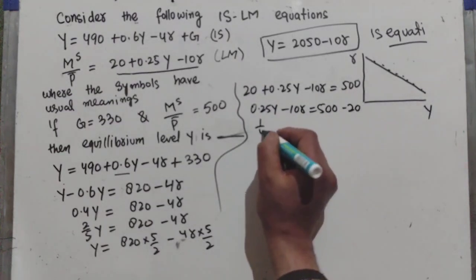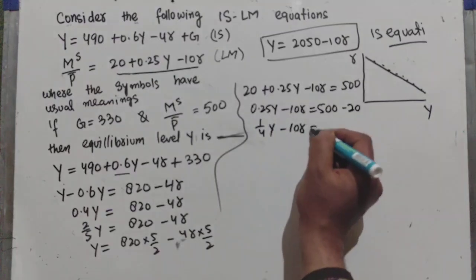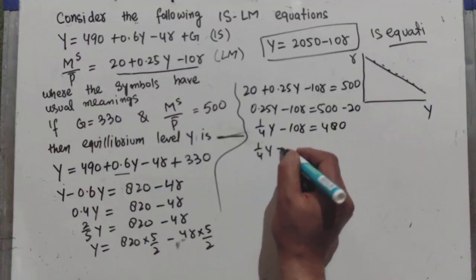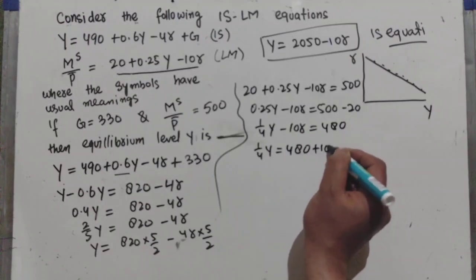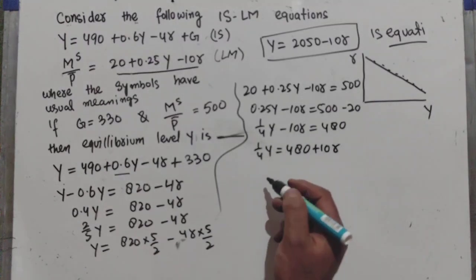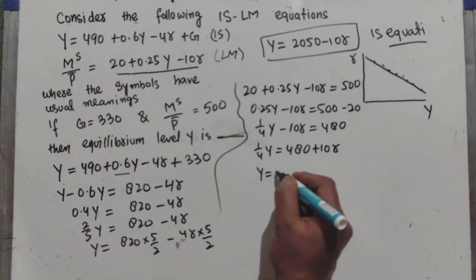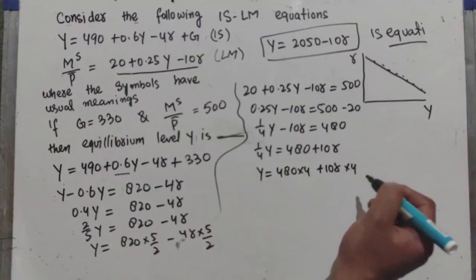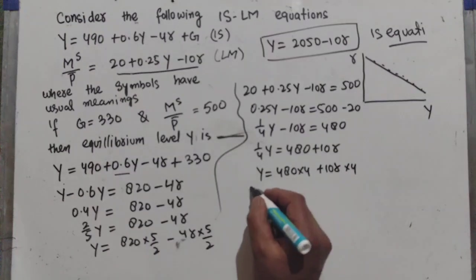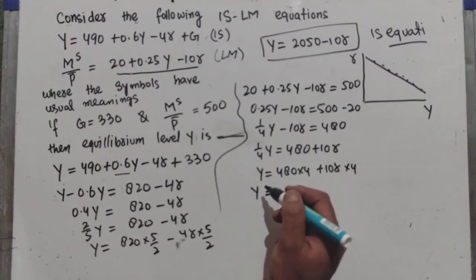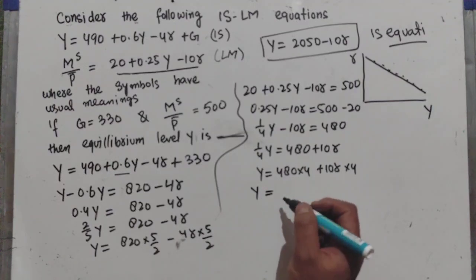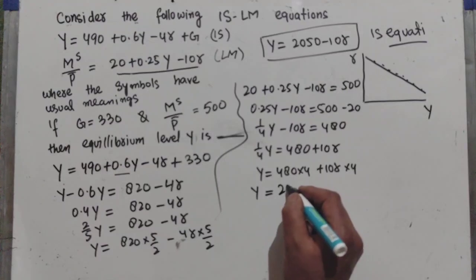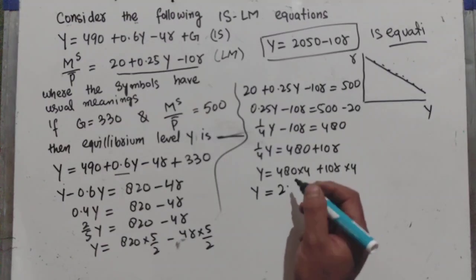So this is 1 upon 4 y minus 10r is equal to 480, or 1 upon 4 y is equal to 480 plus 10r, or y will be equal to 480 into 4 plus 10r into 4.